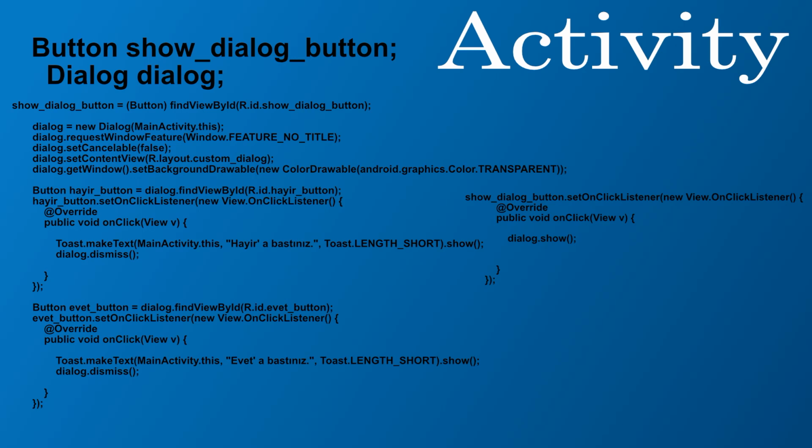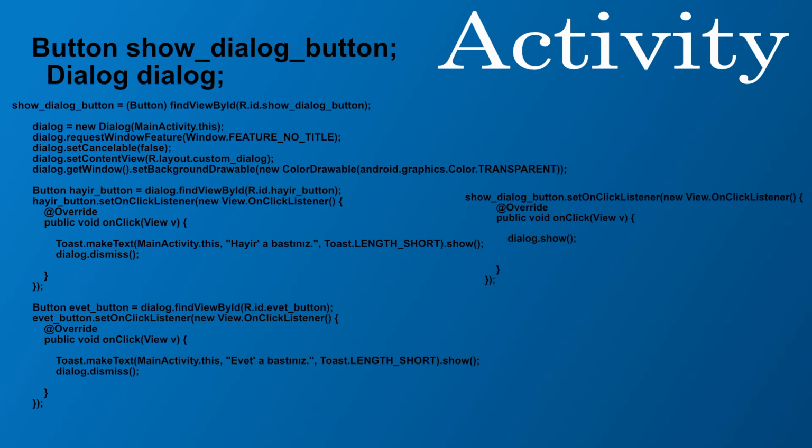First of all, the dialog is created in our main activity. After that, the dialog requires the window feature no title, so I should write this on our page. After that, set cancelable false.